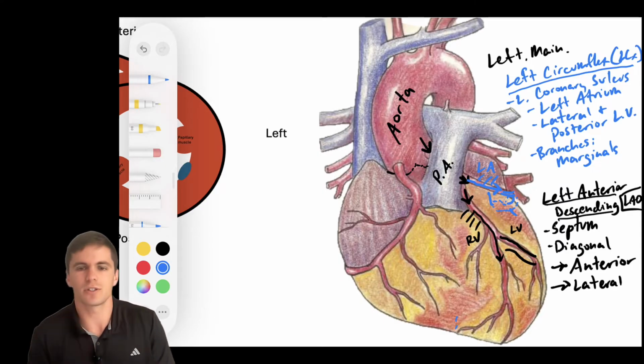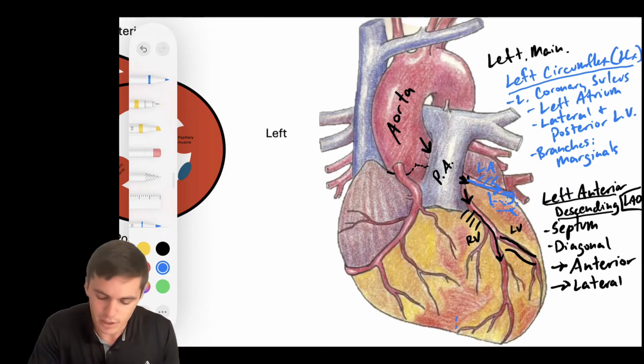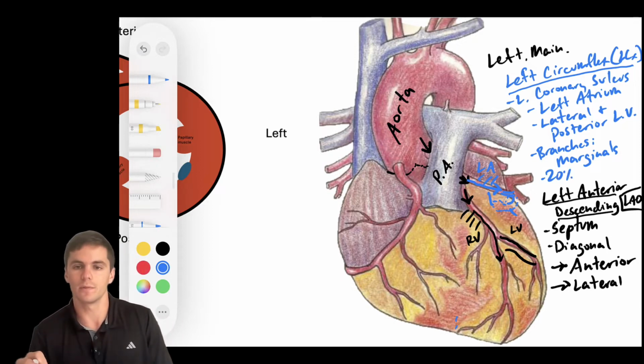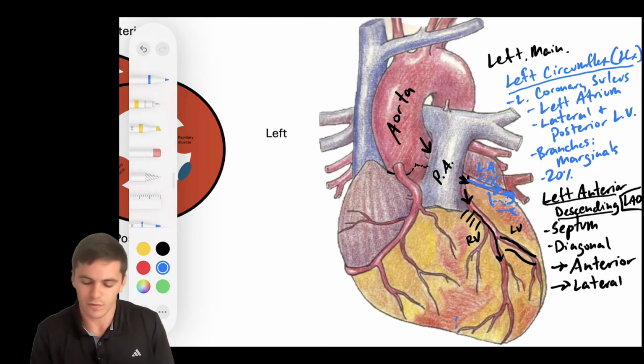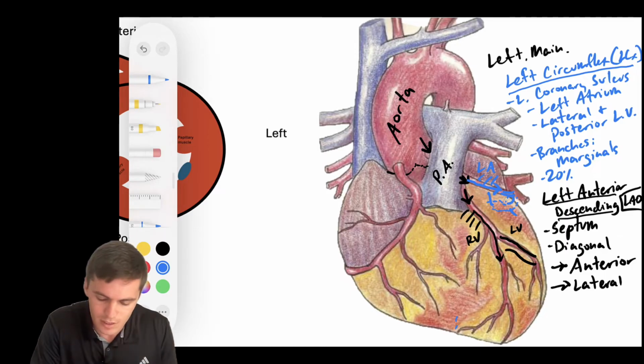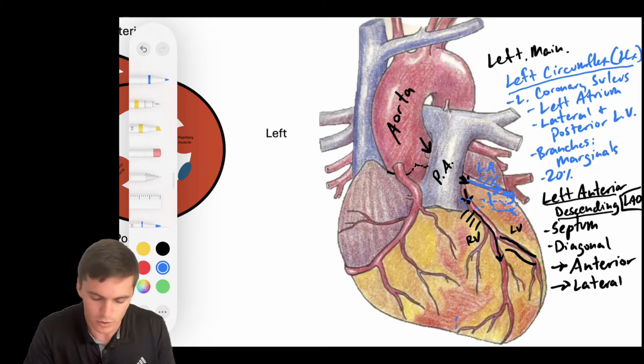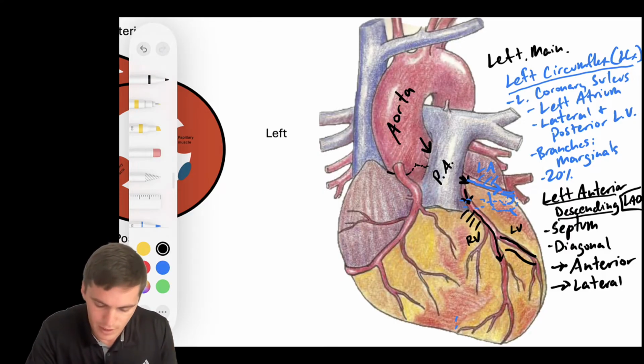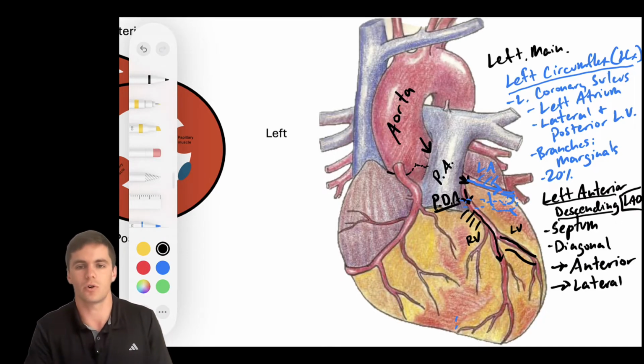And what is interesting is that in 20% of people in the world, the left circumflex continues to extend posteriorly, and it connects to the PDA, or the posterior descending artery, right?